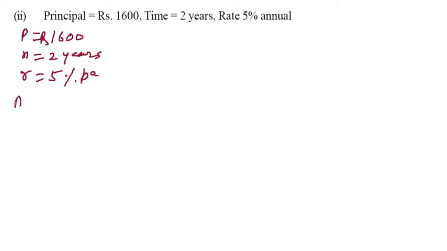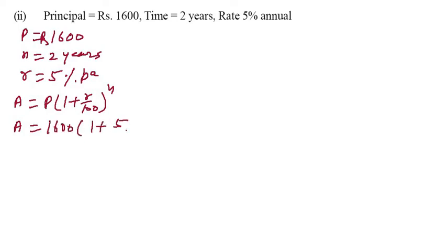Now apply the formula. A will be equal to P into 1 plus R upon 100 and whole power is N. So A will be equal to P, given as 1600, and 1 plus R, that is 5, upon 100 and whole power is 2.